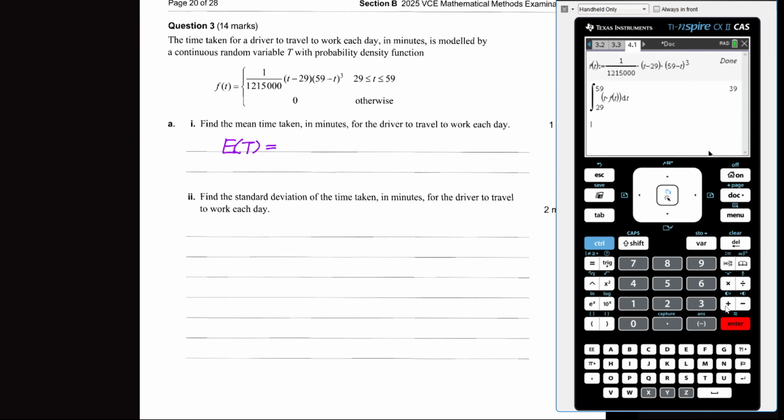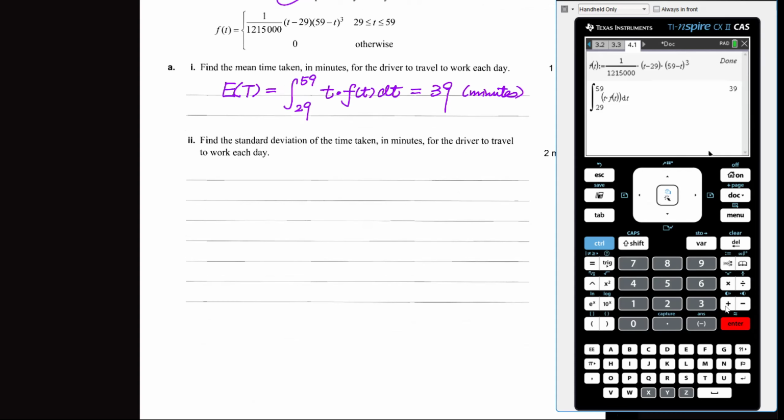But I'm not writing E capital X, I'm writing E capital T, okay? So integral from 29 to 59 of t times f of t dt equals 39. If you wish, you can write, let's say, minutes. And standard deviation.